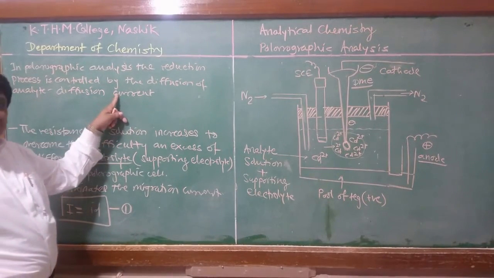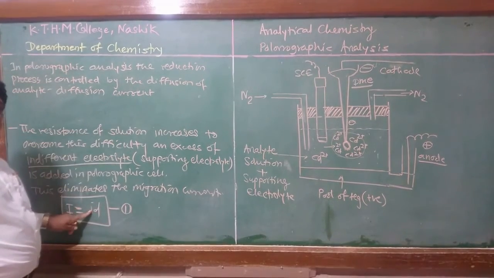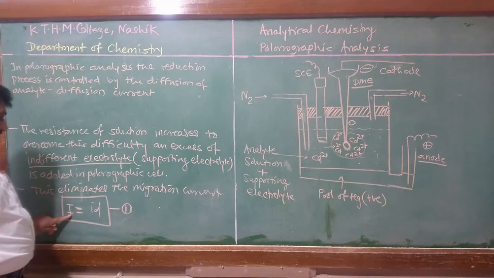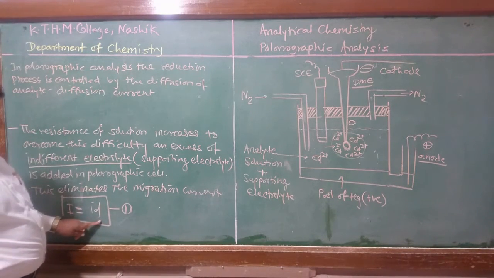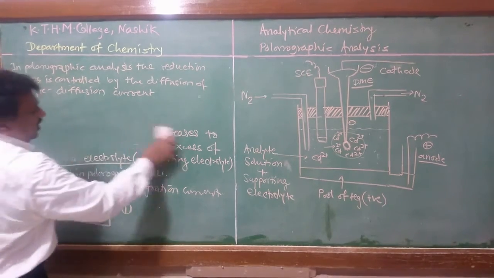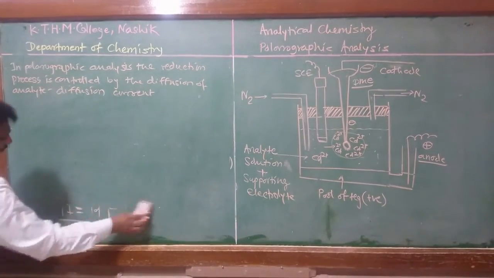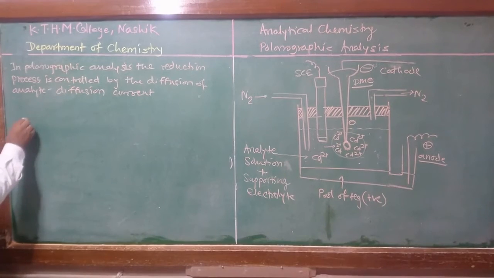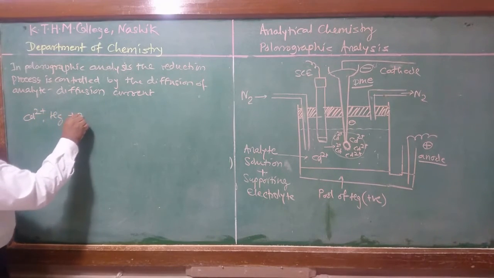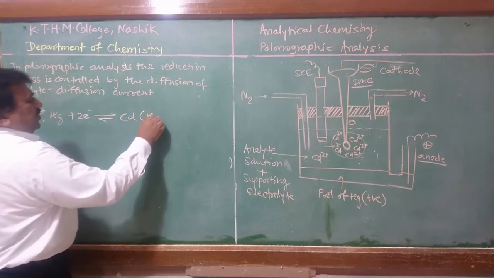Here, there is no convection current, there is no migration current. Analytes are transported to the electrode surface by the diffusion process, and therefore that current is measured as a diffusion current. This diffusion current is because of the following reduction reaction taking place on the surface of the mercury drop. Here, cadmium 2 plus ion in presence of Hg plus 2 electrons gives cadmium amalgam.